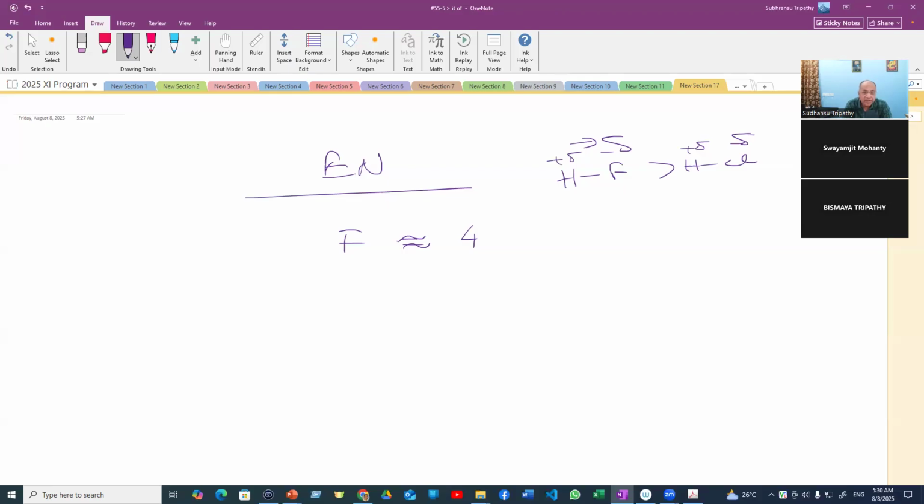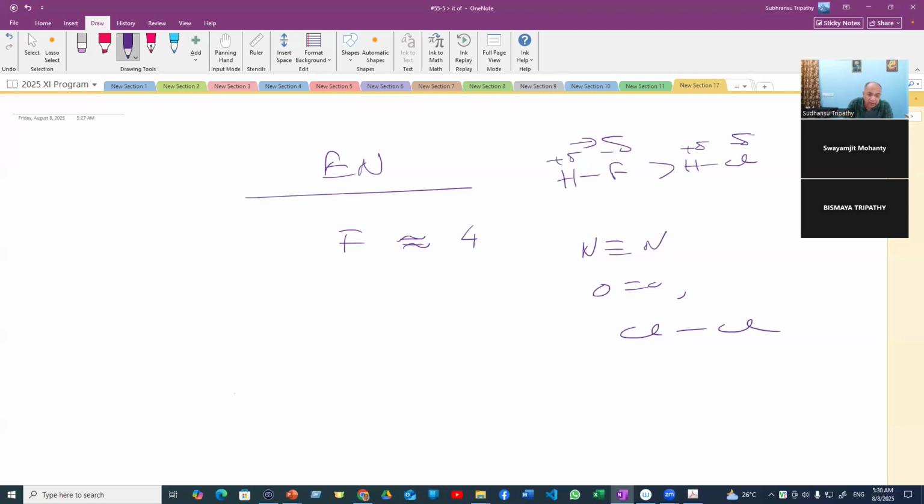In that case, it is a pure covalent bond, a non-polar covalent bond having no ionic or polar character, like N triple bond N, O double bond O, Cl-Cl. These have no polarity, and they are pure covalent bonds having no ionic character.